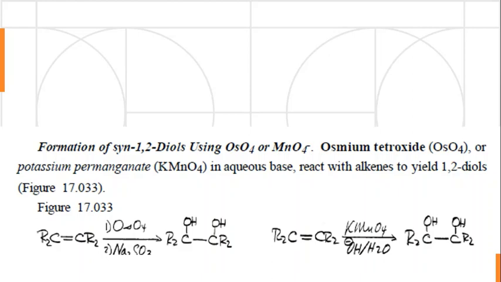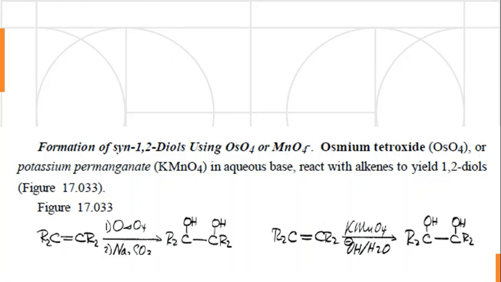Similarly, there is another reaction where there is a possibility of the diol. That is the oxidation of the double bond with the osmium tetroxide in presence of the sodium sulfide. So you can see here also that the osmium tetroxide, which is the oxidizing agent, can result into the diol formation.